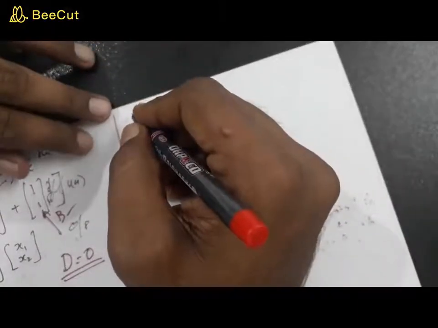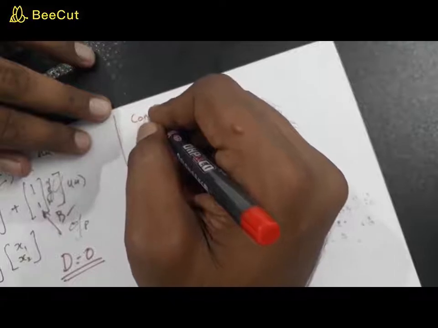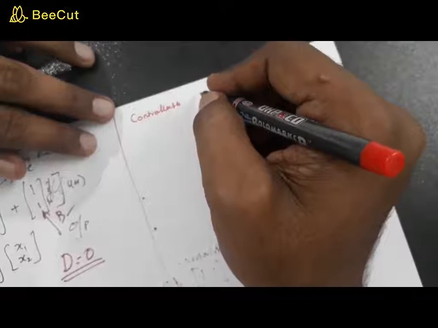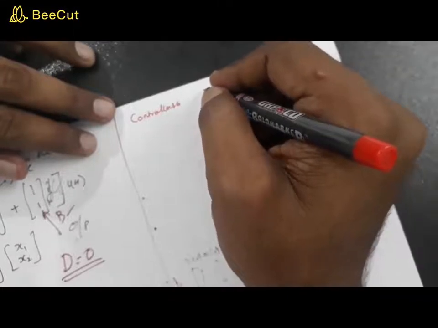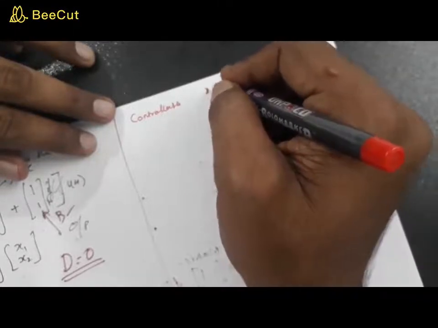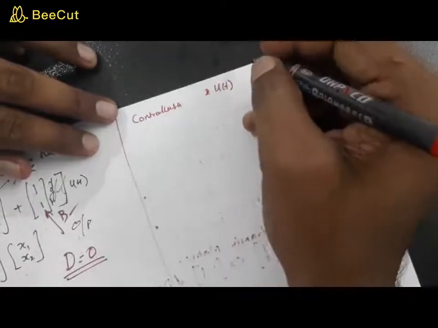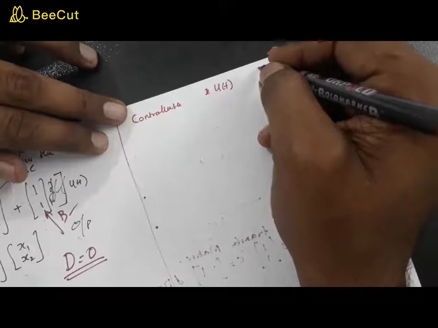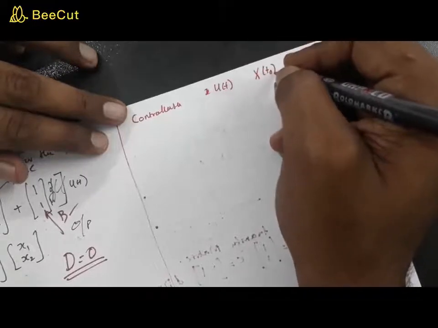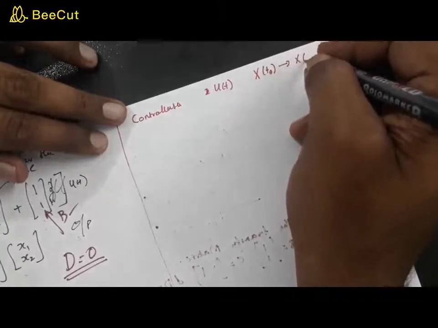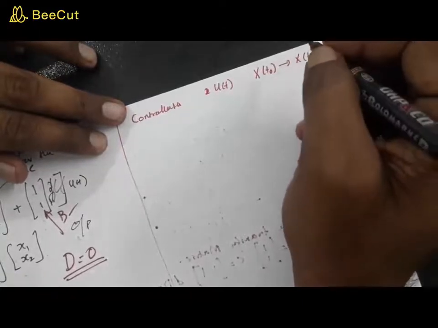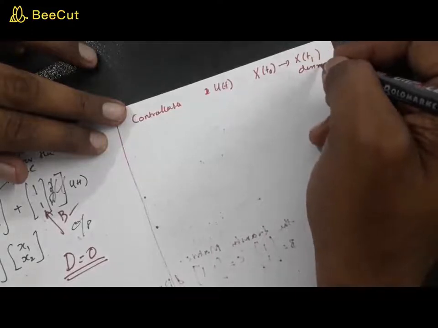Now to be more technical, a system is said to be controllable if it is possible to find some input signal, say u of t, which will transfer the initial state from x of t0 to x of t1, to another desired state.